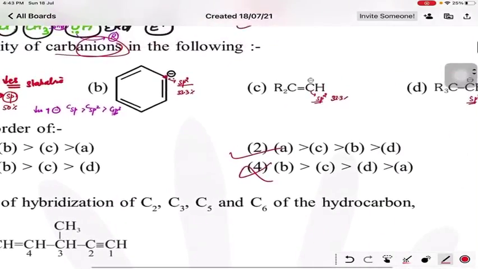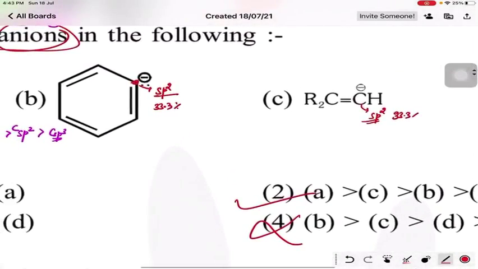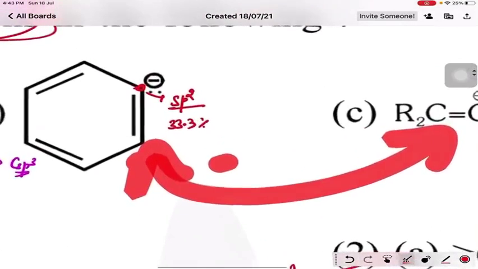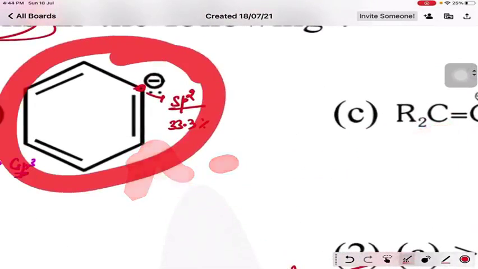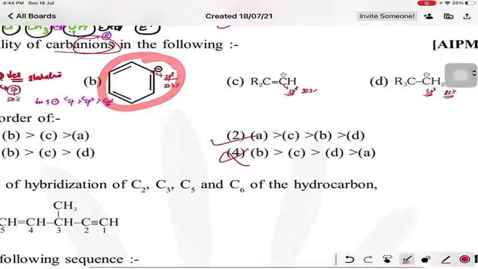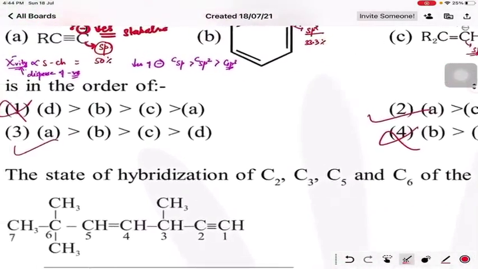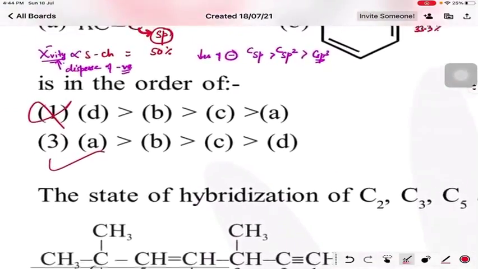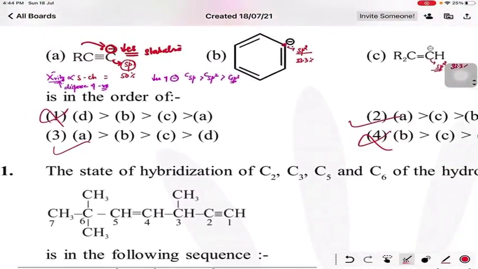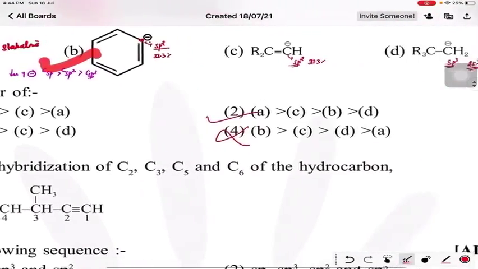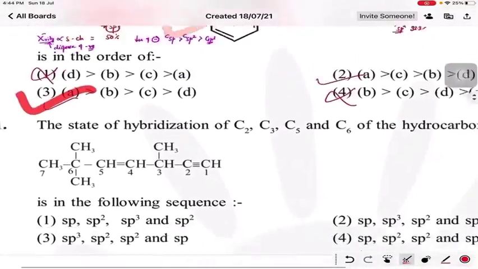Now between these two, because both are sp2 hybridized, which one is more stable? This benzene carbanion is more stable due to more delocalization, dispersal of negative charge. So A and then B, then C. So this is option number 3.